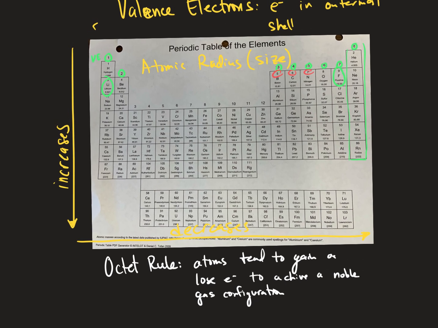All right, so the next one is the electronegativity. And this is more important, I think, for this class. Electronegativity. And the electronegativity is the ability of an atom to accept electrons during a chemical reaction.